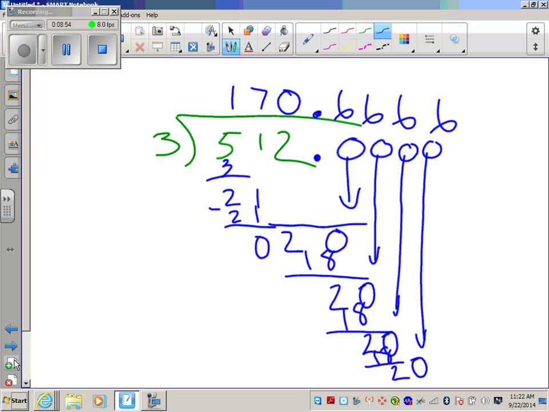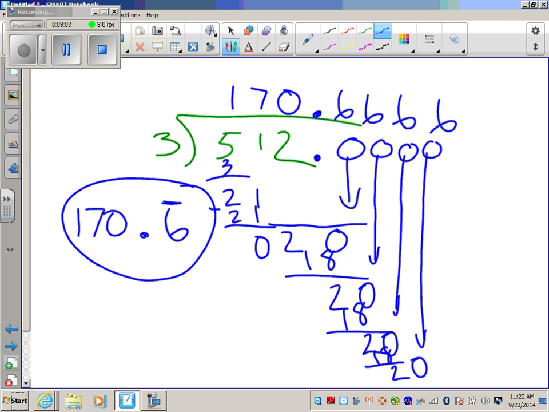So Tyler, I'm going to do what? Just one 6 is fine. Since 6 is the only digit that's repeating, that's the only one I need to put down. If I put that bar over the top, it means that it's going to keep going and going and going.